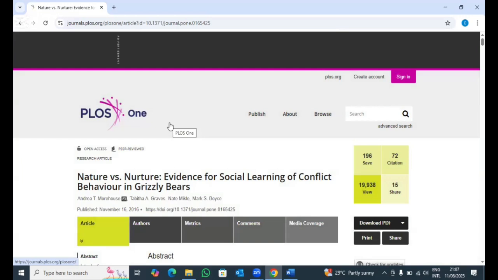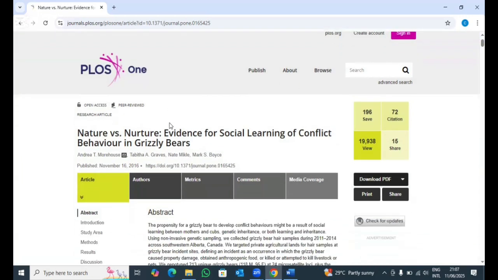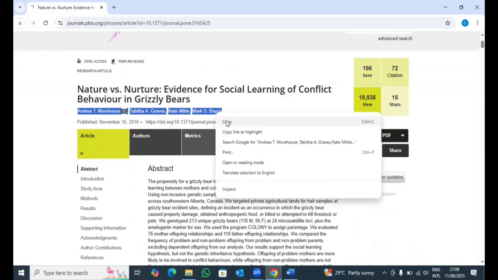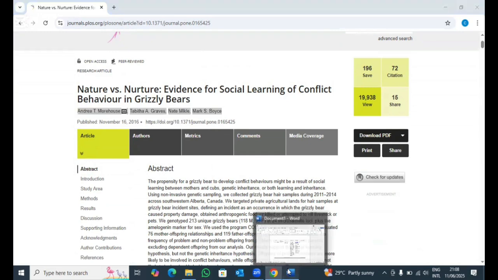Okay, so now the first thing we are looking at is the name of the authors, right? The name of the authors, look at it here. These are the names of the authors. Okay. So you can copy that. Are we together?